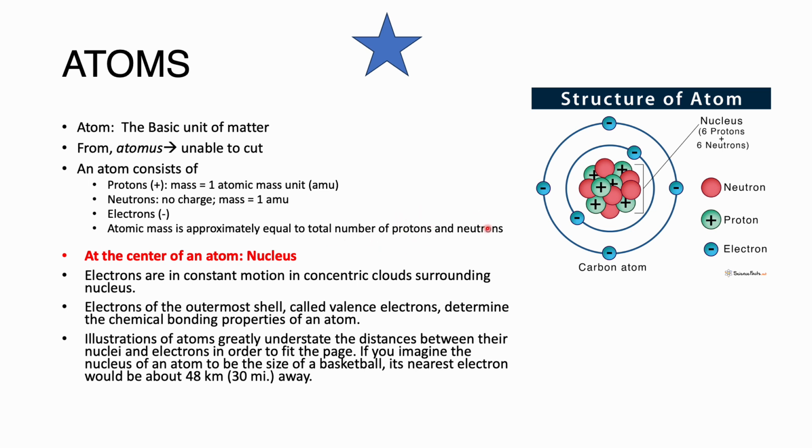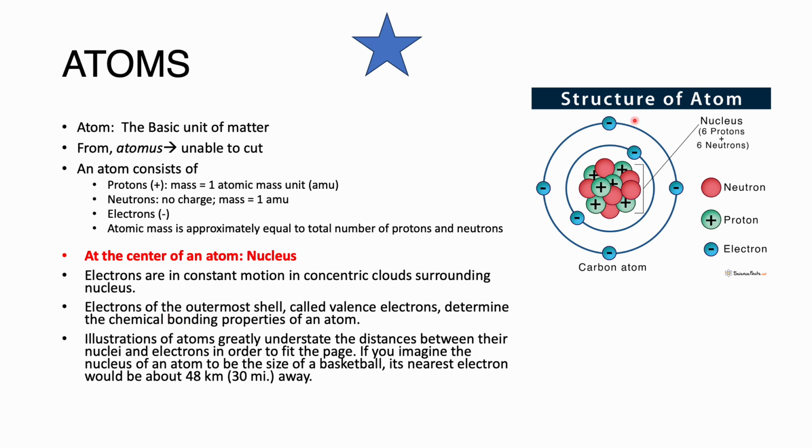Where do we find those protons and the neutrons? In the nucleus. Here we see an example of the structure of an atom. In the nucleus, we find neutrons, which have no charge, and protons, which have a positive charge. The electrons orbit around the nucleus in an electron cloud.